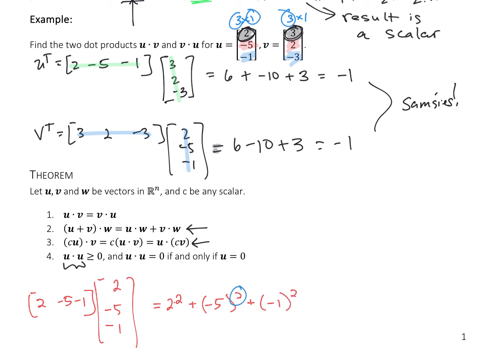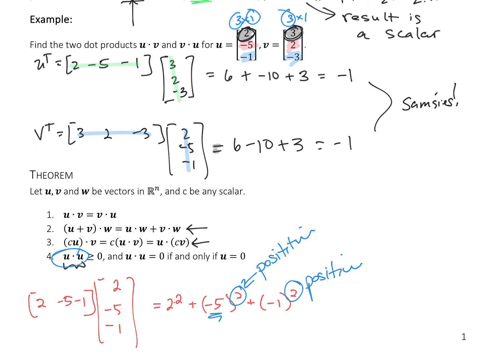And by the nature of squaring something, even if this is a negative value, this is always going to be a positive. Same thing here. So that's why if I take the dot product of a vector with itself, that result is always going to be a positive value.